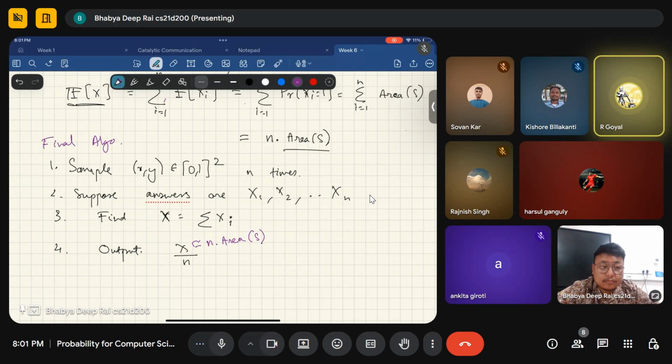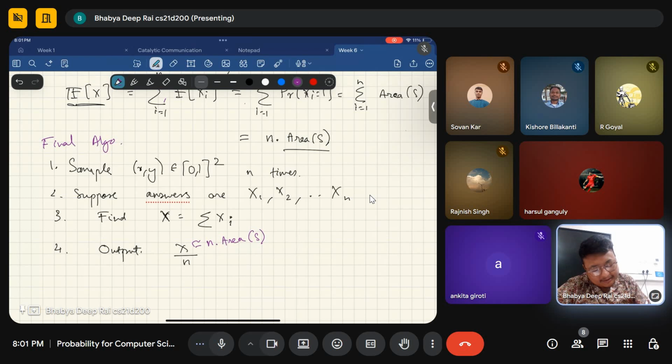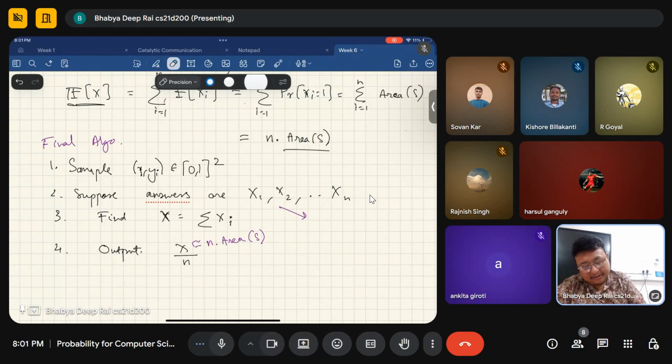What is step number 2 here? Suppose answers are, so what are the answers? These are exactly whether, so let's say we sample xi, yi n times, okay, instead of saying n times, for all i in 1 to n.